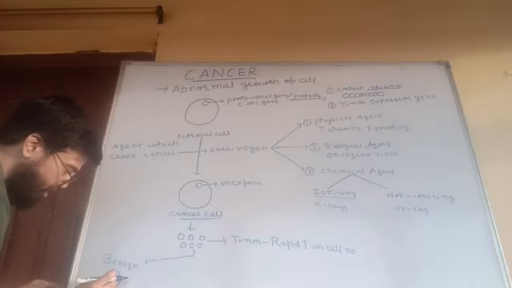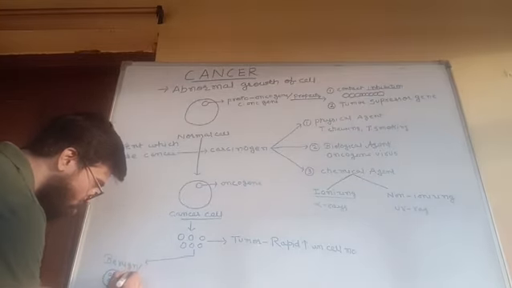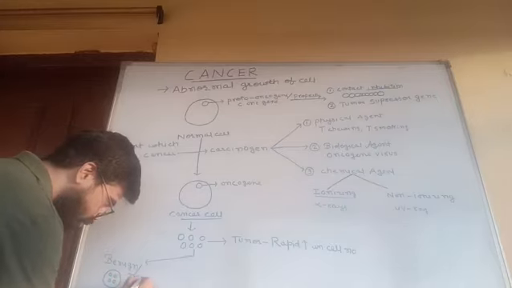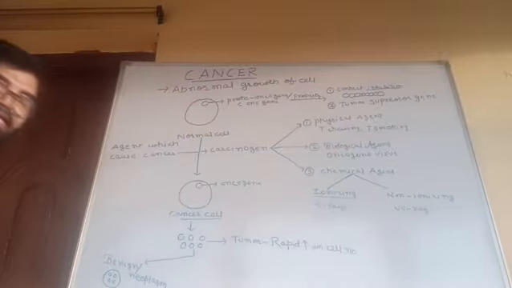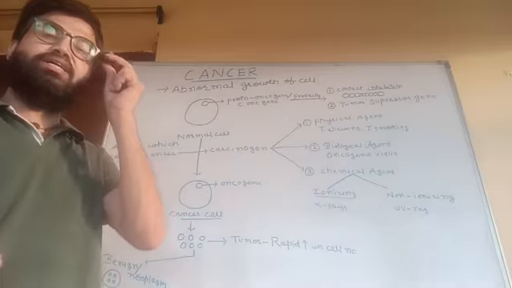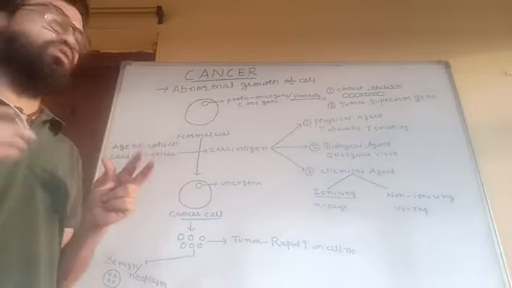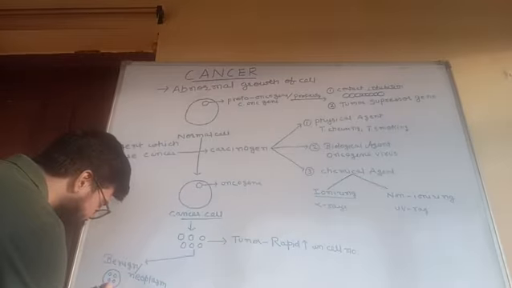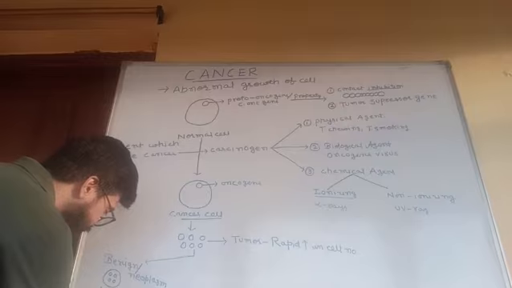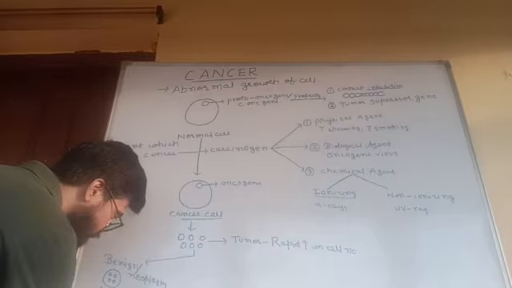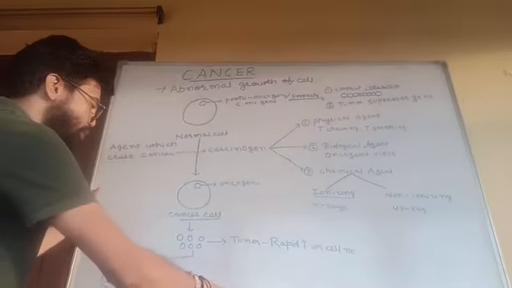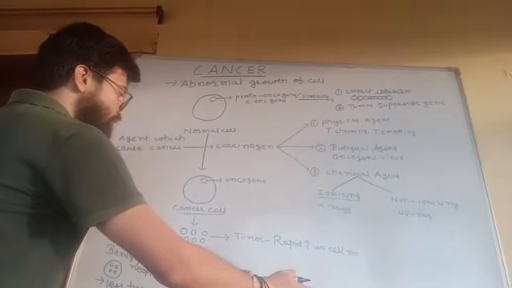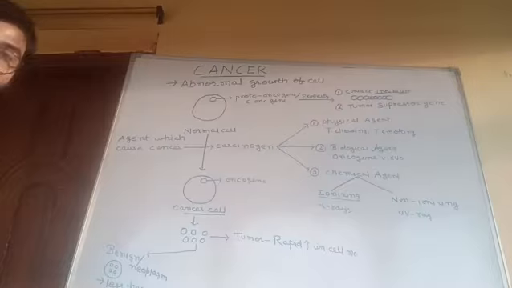The cell which is located inside the capsulated structure is known as neoplasm cell. Since it is located inside the capsulated structure, it is less harmful. Here you have to write that it is less harmful because it is not able to travel or spread from one place to another place.